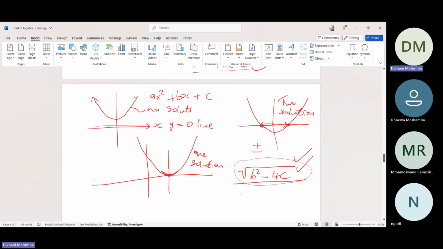If we add and we only have one solution, it means b squared minus 4ac is equal to 0. If you add 0 on your plus or minus, you will end up at the same point. So these are the three instances that I want you guys to not forget, because they will want to trick you in the exam.